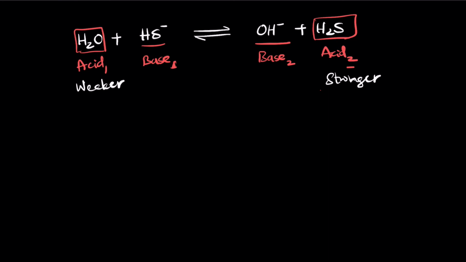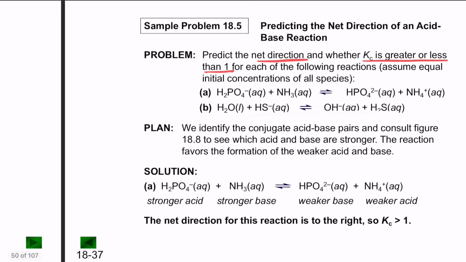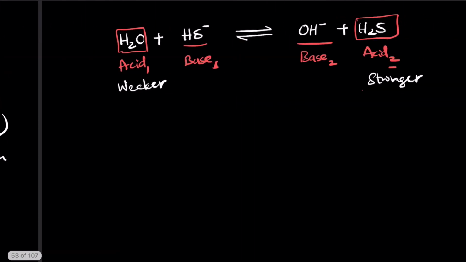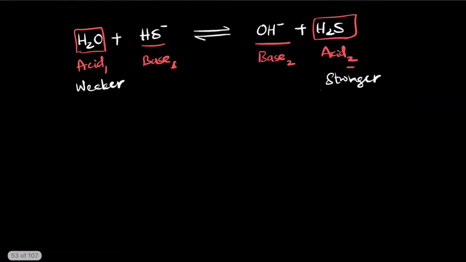Now we have to compare the two bases, HS minus and OH minus. You have HS minus right here and OH minus right here. Notice it's in the reverse order here, so OH minus is stronger than HS minus. So this is stronger and this is weaker. It always favors the weaker side.